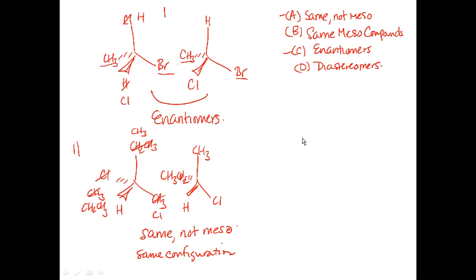Now, we have to be careful when I draw the molecules in different orientations. For instance, let's say I gave you a Fischer projection and I gave you a normal tetrahedral representation, with Cl, H, CH3, and Br.